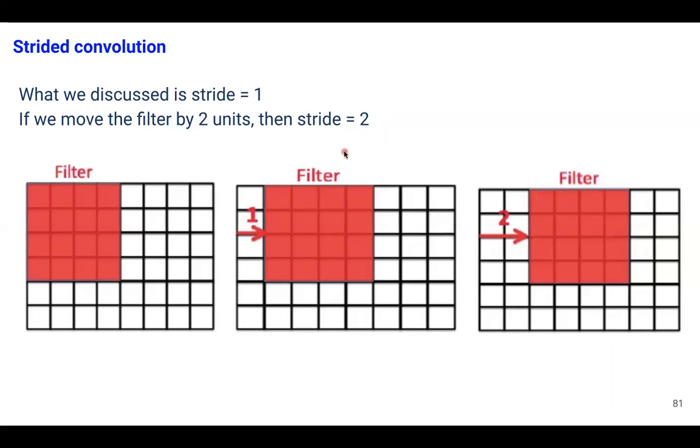Generally, our input picture is a square matrix, but it's not a mandatory thing. Depending on how your image is, you can decide to have a non-square matrix as well.